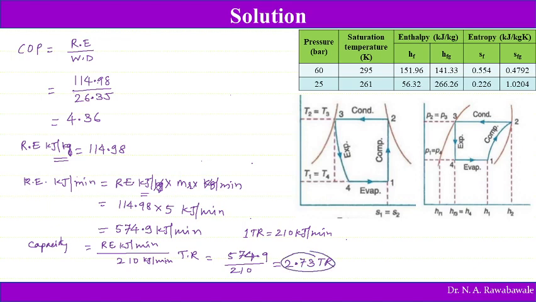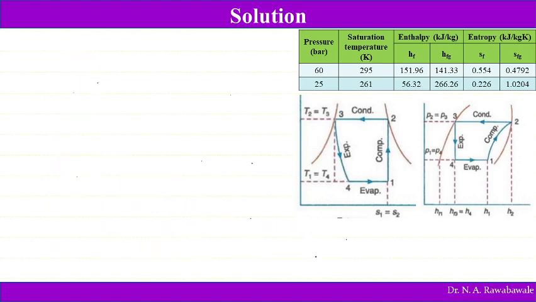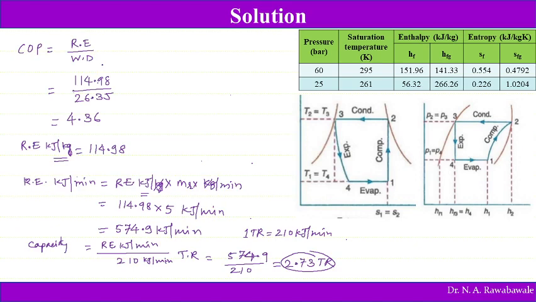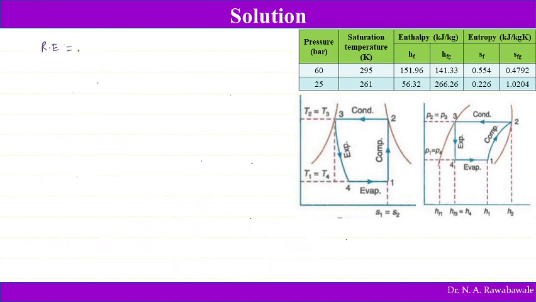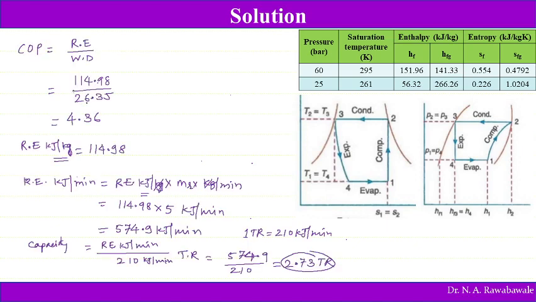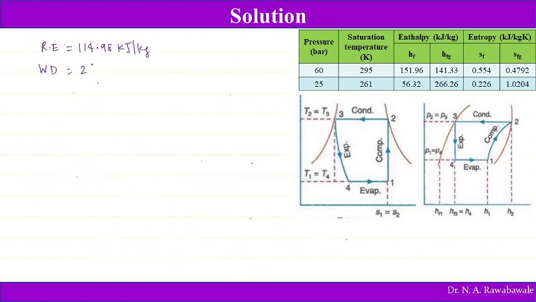Now we can write the answers like this. The refrigerating effect is equal to 114.98 kilojoules per kg, and the work done, which is calculated, is 26.35 kilojoules per kg.